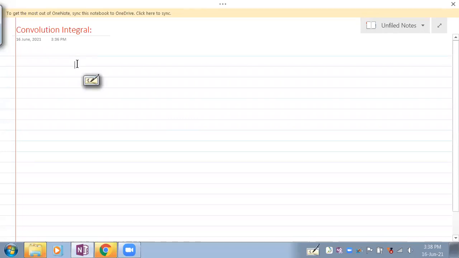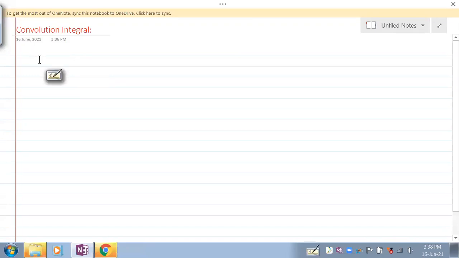Now we shall see the convolution integral. Whatever we have seen as convolution sum for discrete time signals, if we do the same for continuous time signals, it would be called the convolution integral.